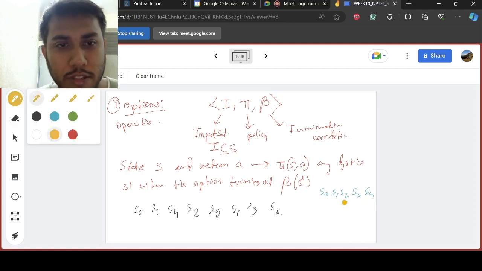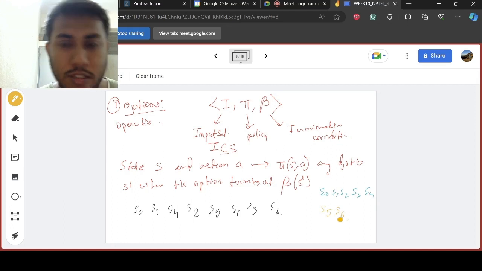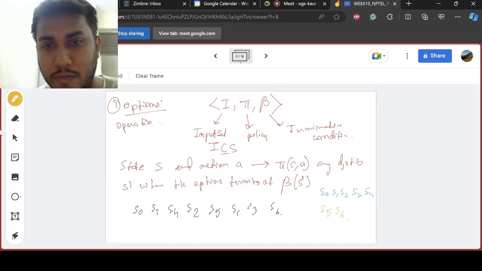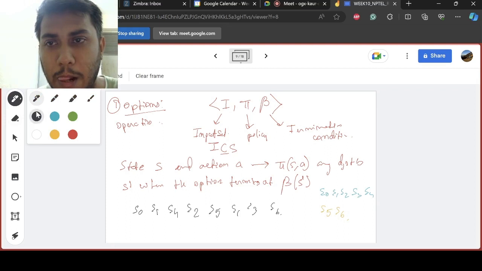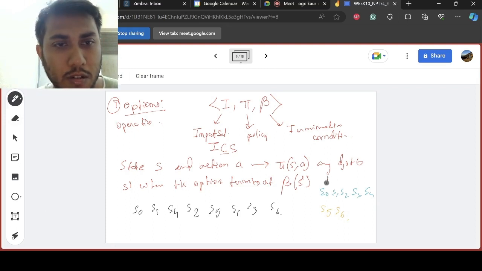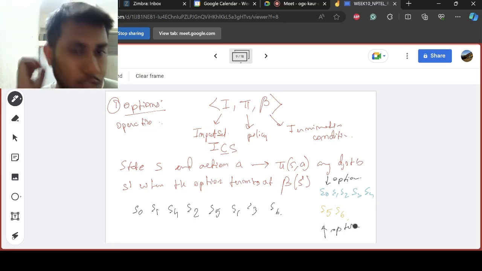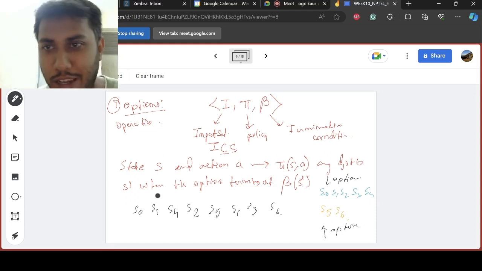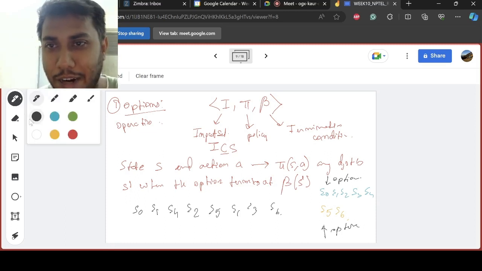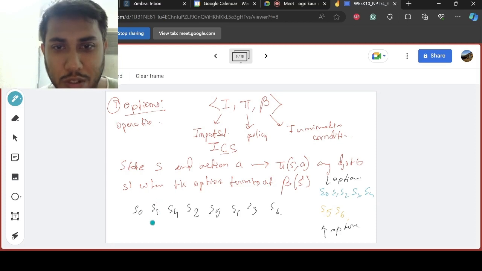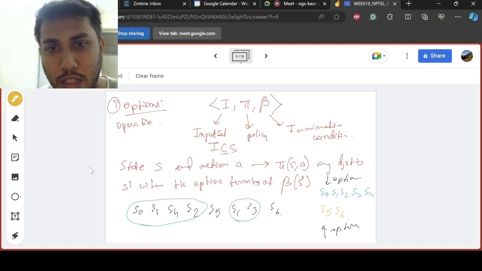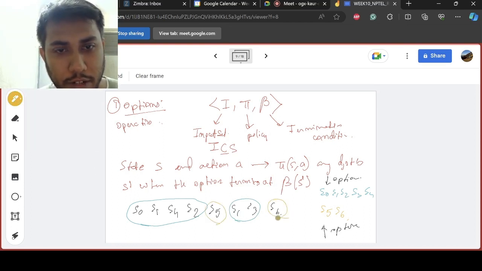The other grouping is S5 and S6. Right. So you will define one option for this, another option for this. Right. And I think it is quite understandable for you now. So this one is one group, and this one is another group.